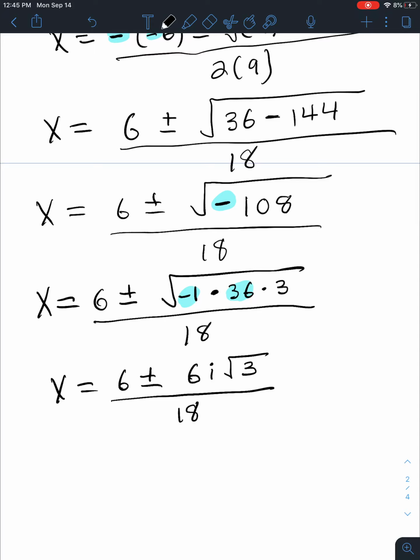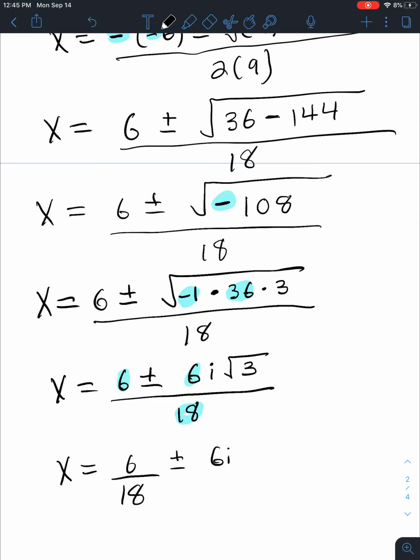Normally, this would be your answer, and you can call it a day. But we see that there's some numbers that can be divisible. So I don't know if you noticed that this 6, 18, and 6, they're all divisible by 6. So I'm going to show you how to write it in a simpler way so you never get this wrong.